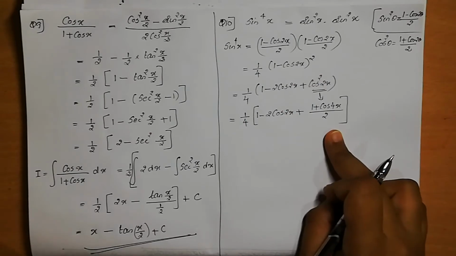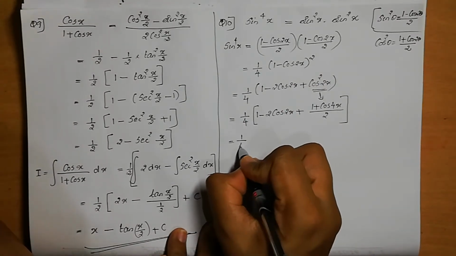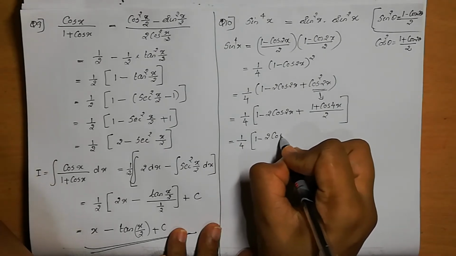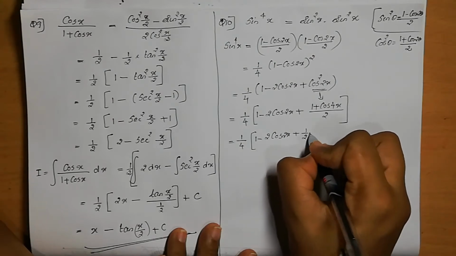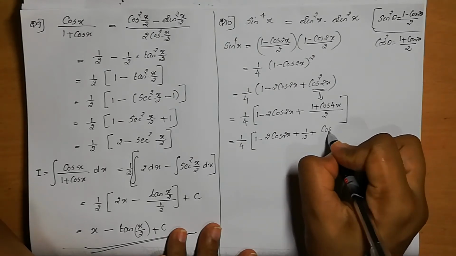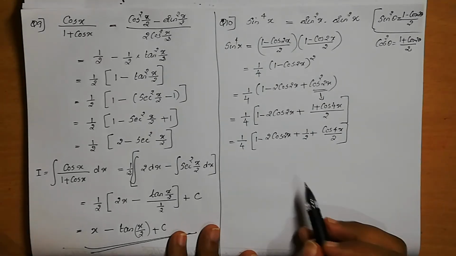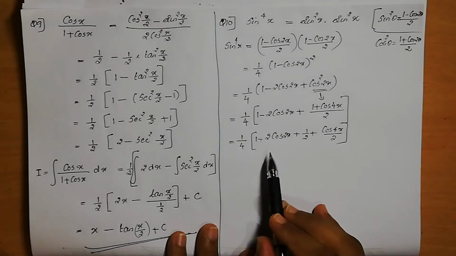Next step, we can split the terms also. 1 by 4 into 1 minus 2 cos 2x plus 1 by 2 plus cos 4x by 2. So this 1 plus 1 by 2, if you are simplifying, how much will we get? 3 by 2 we will get.